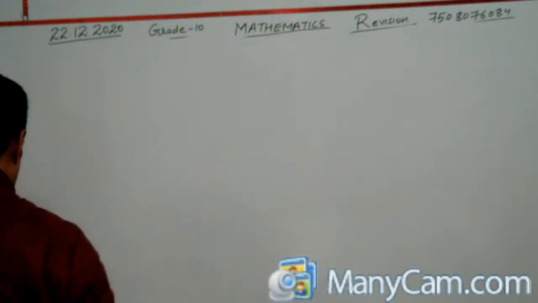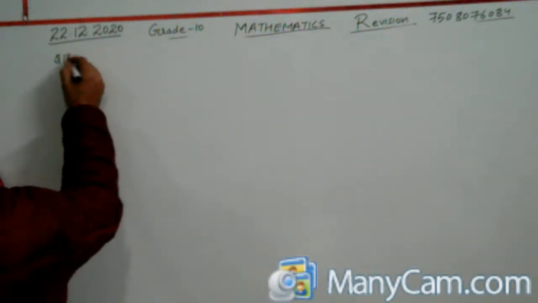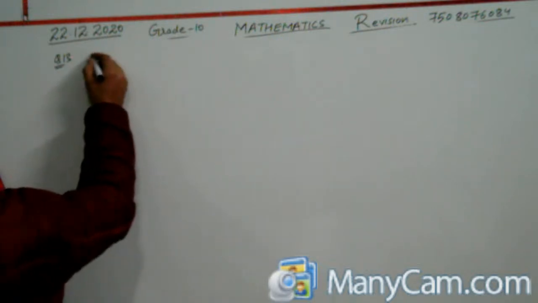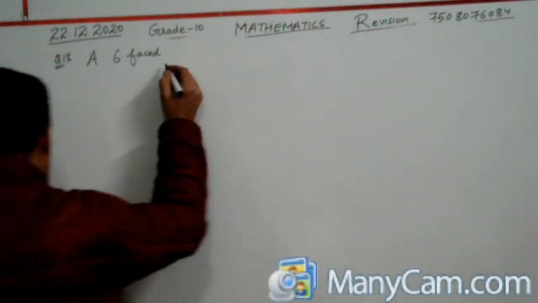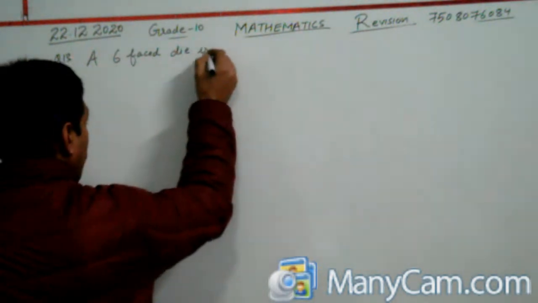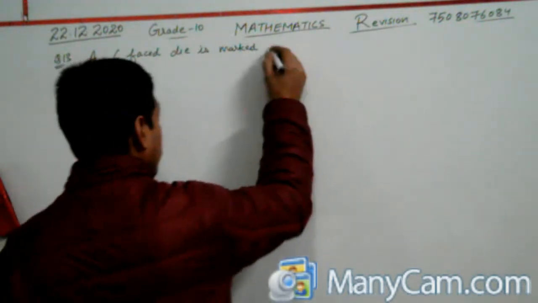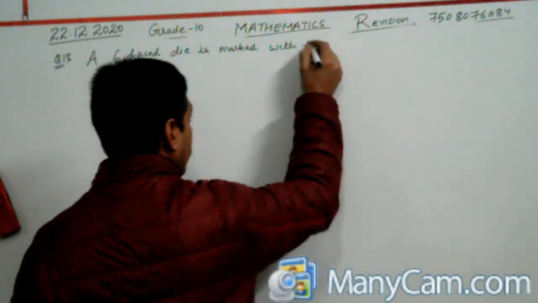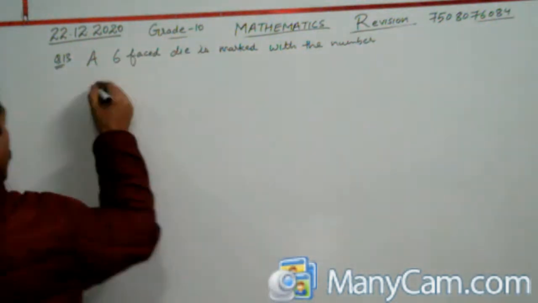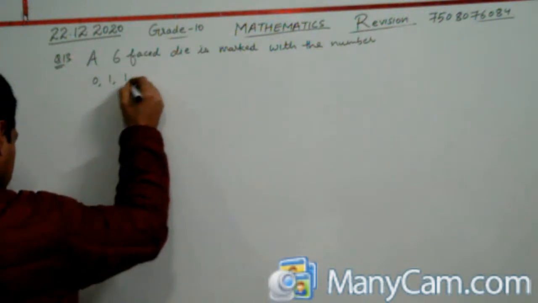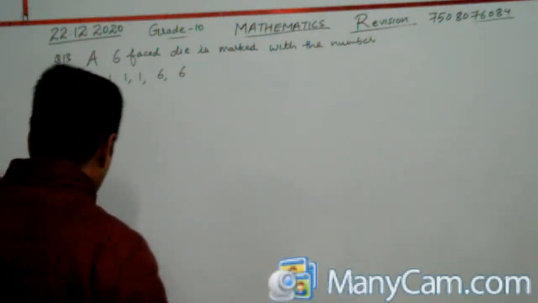Next question is: a 6-face die is marked with the numbers 0, 1, 1, 1, 6, 6.